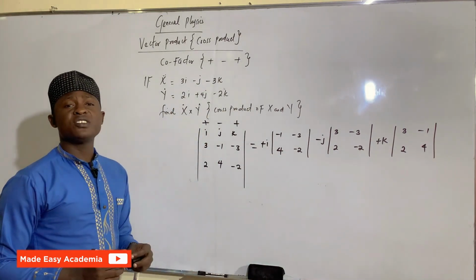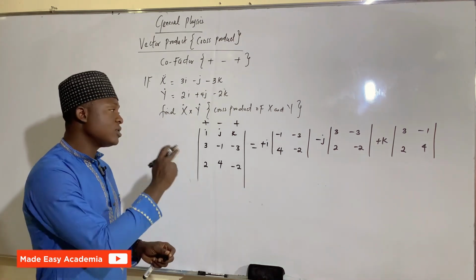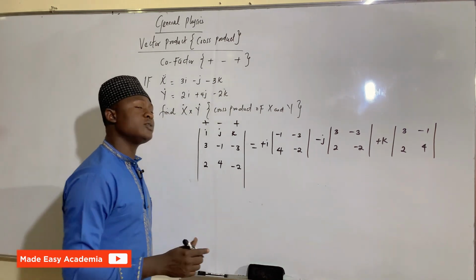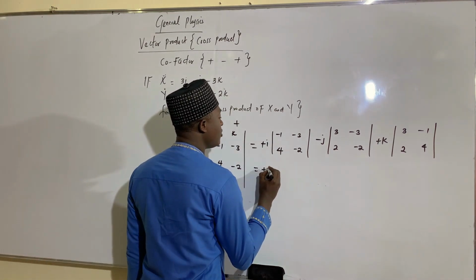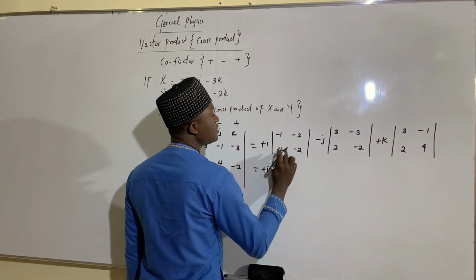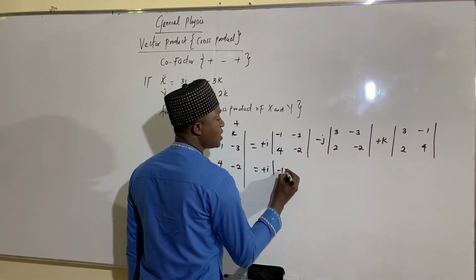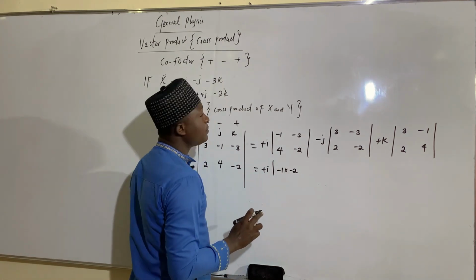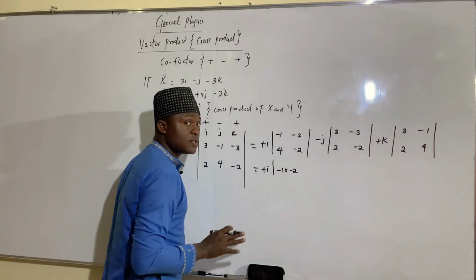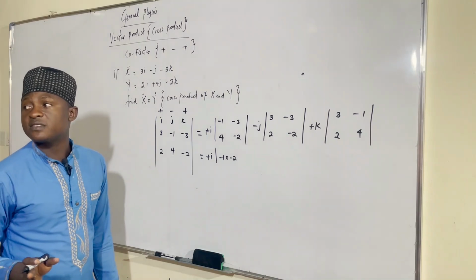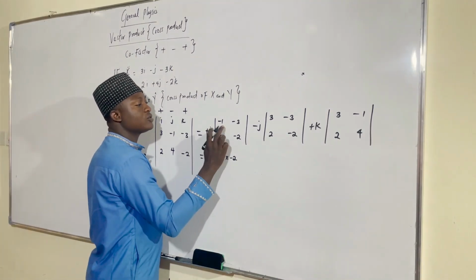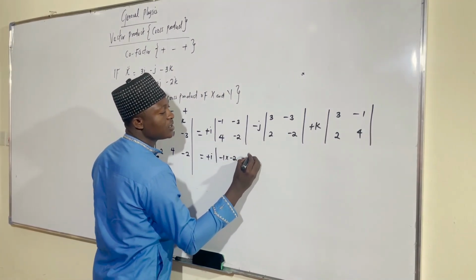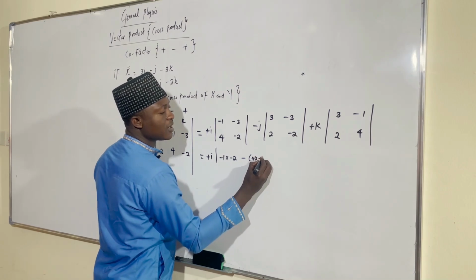We follow the same process just like the way we solved the first example. Cross product using a determinant of a 2 by 2 matrix. That means we have plus I, this for this, this for this. That is how we have minus 1 times minus 2. You can see it's not as if we bring the minus here. The minus comes from the question itself, because the question has a negative sign. That's why we have minus 1 times minus 2, then minus 4 times minus 3.